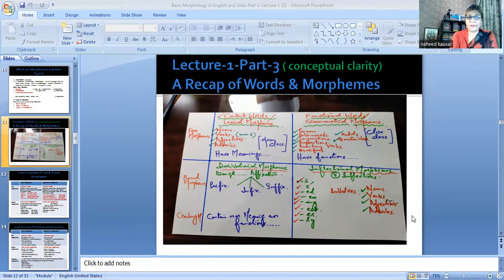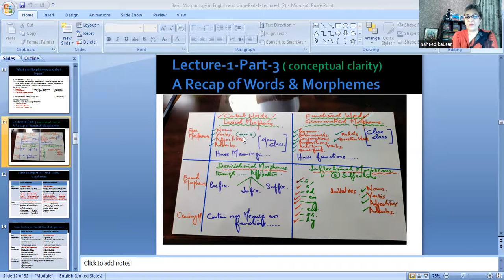You see that there are these 4 big boxes. And if we look at the extreme left side, there are 1, 2, and 3 topics or areas written in red ink with red markers. At the top, extreme left side, it is written free morphemes.